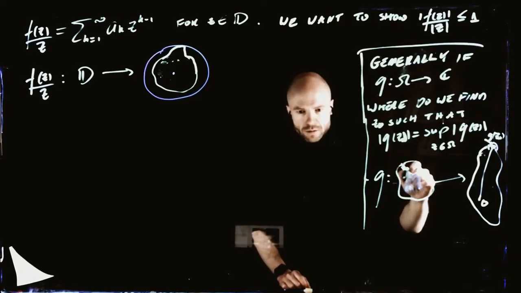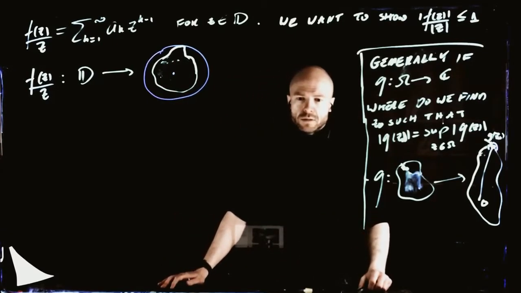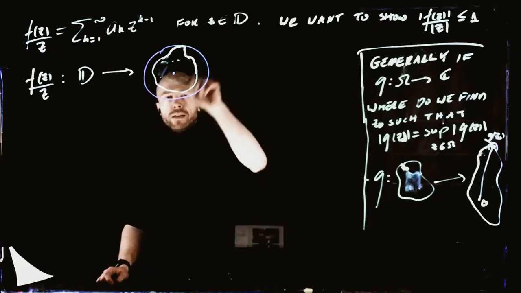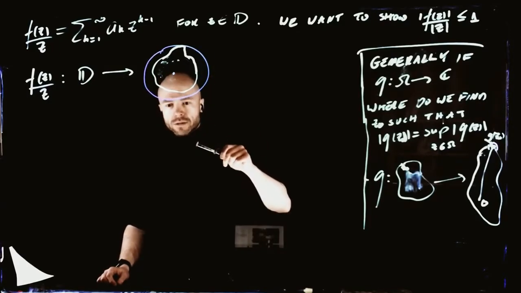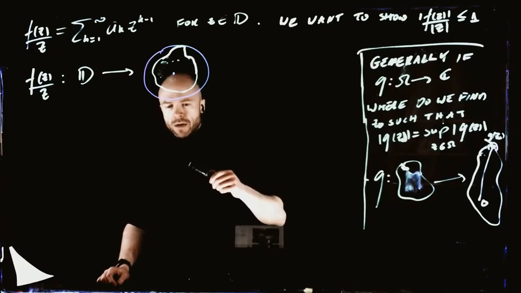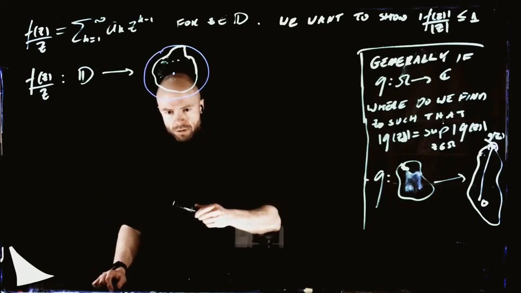Okay, so why is that useful here? We're trying to show that the image of this thing is contained inside the disk, and what we really have to care about is what happens to this thing near the boundary.